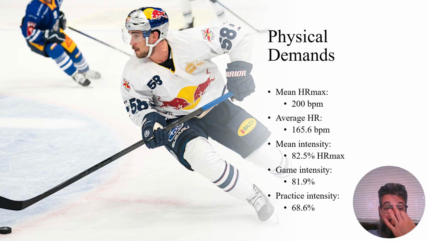One thing that research did show is the level intensity changes a lot when it comes to an actual game versus practice, meaning in practice, the players, though they are still training and moving, tend to go a little slower as the demand is not so high. So we see with practice intensity 68.6% of their HR max, while in a game, which is higher stakes and there's more incentive, it does increase a lot more to 81.9, almost 82%.